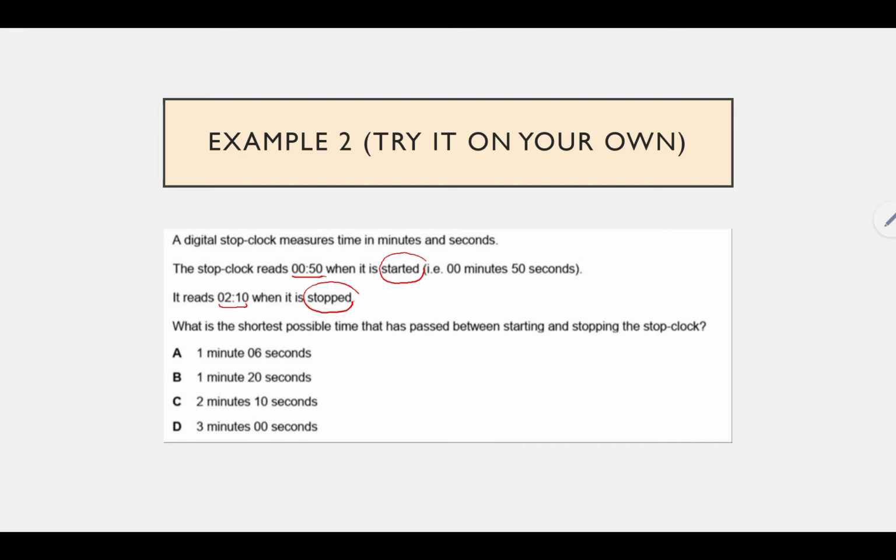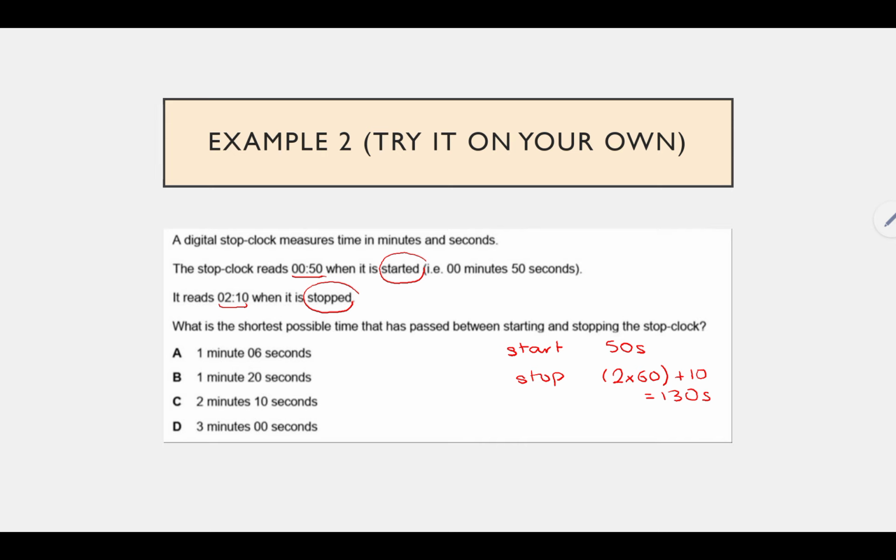So what I'm going to do is subtract. First, and the easiest way, is to convert them all to seconds. So my starting time was already 50 seconds. And my stopping time was 2 minutes, so I'll convert this to seconds, and 10 seconds, which is equal to 130 seconds.